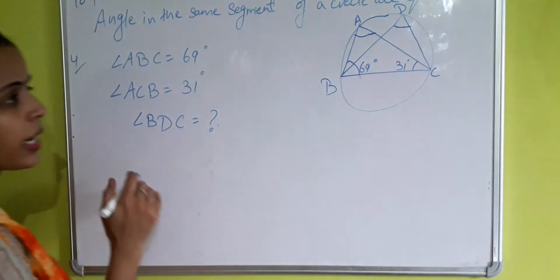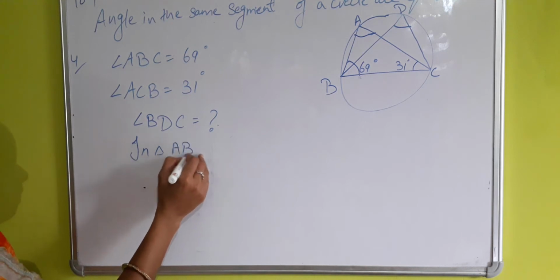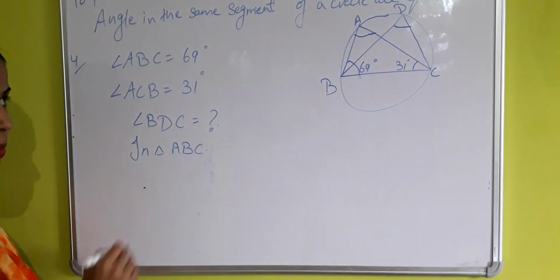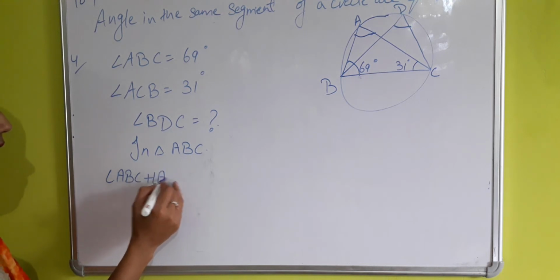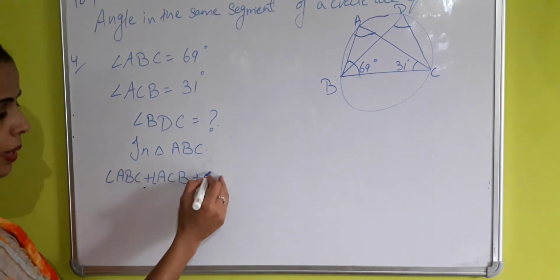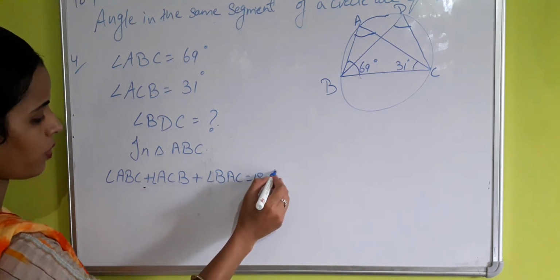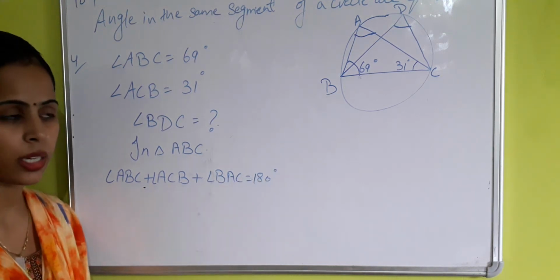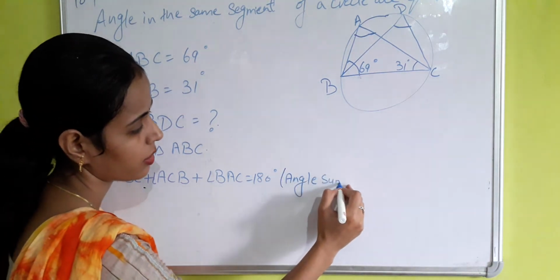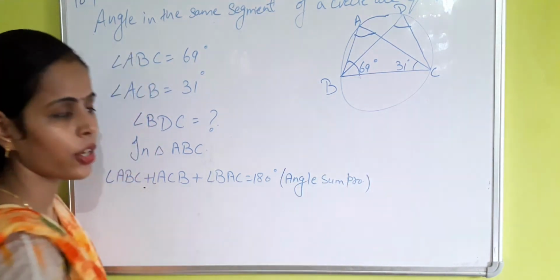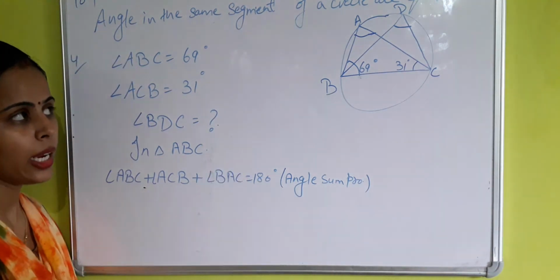Now take triangle ABC. In triangle ABC, angle ABC plus angle ACB plus angle BAC is equal to 180 degrees by angle sum property, or we can say that the sum of three angles of a triangle is 180 degrees.